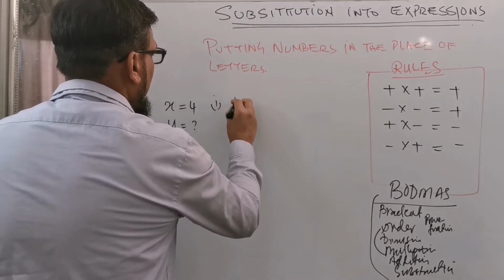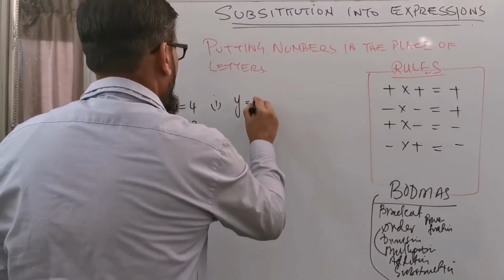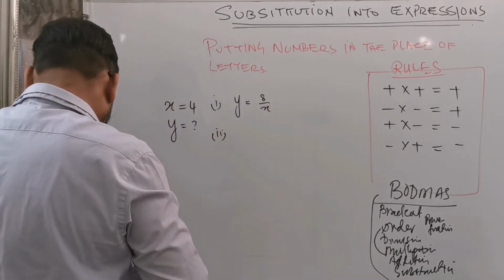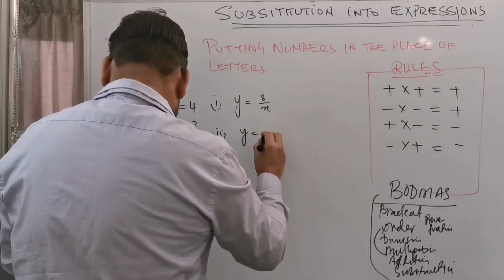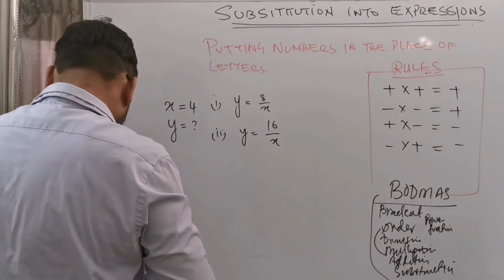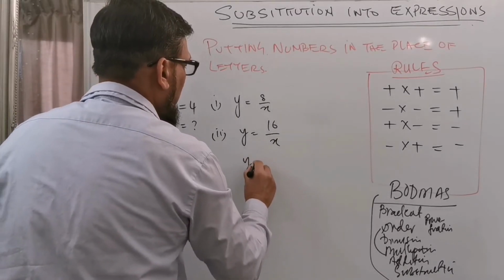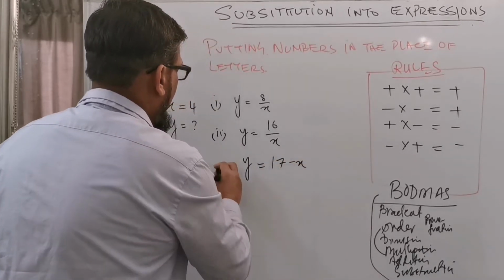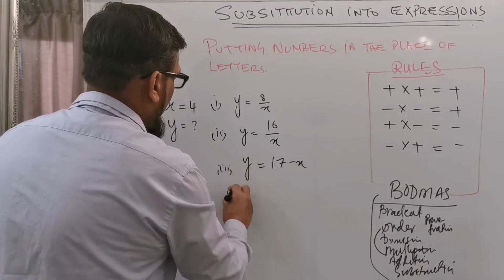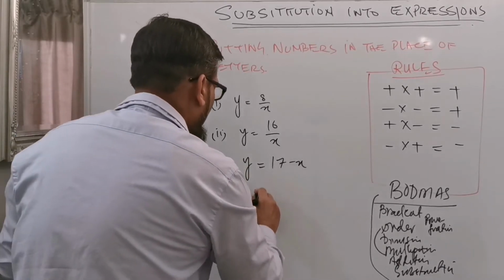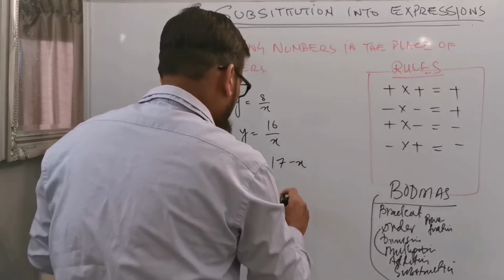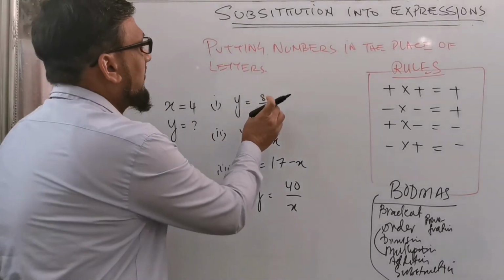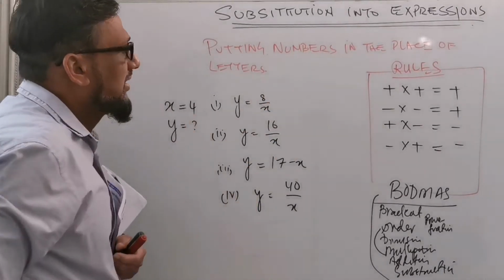Number 1: y equal to 8 over x. The second question says y equal to 16 over x. Then y equal to 17 minus x, and number 4 question is y equal to 40 over x.